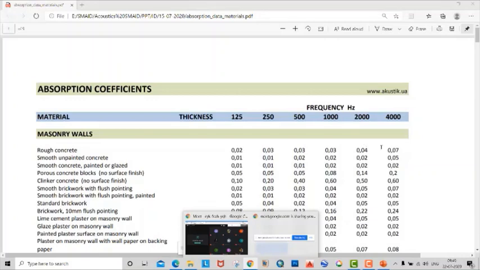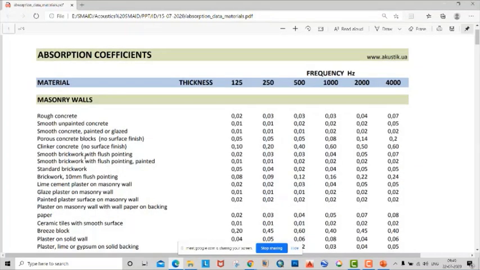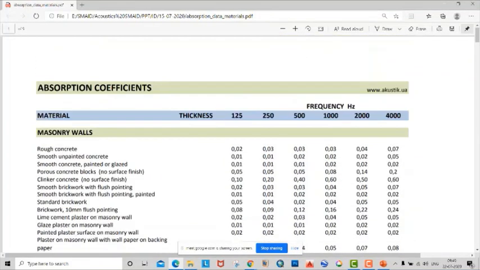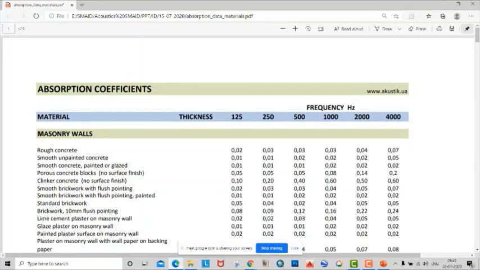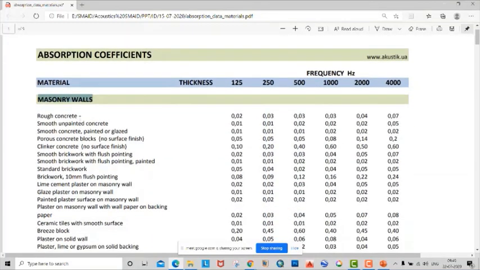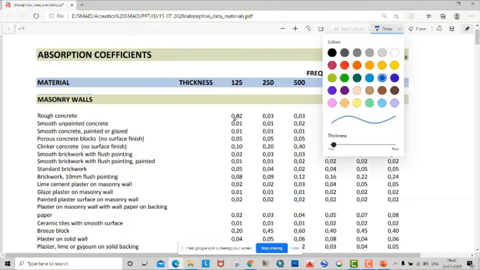Okay, so firstly we will see the material which is used for masonry wall, right? So let's see rough concrete. Blue color is okay.